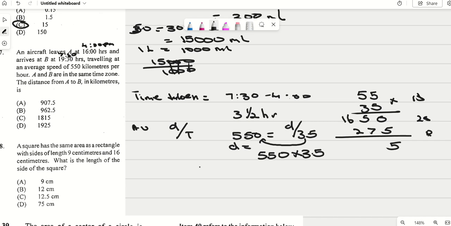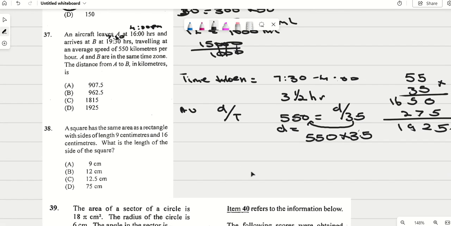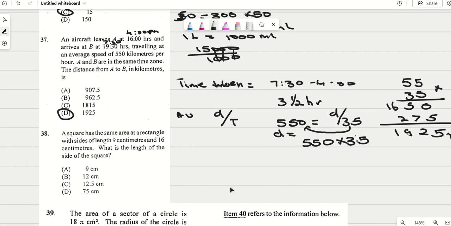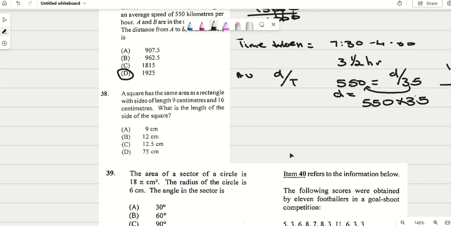That's 12. 6, 7, 8, 9, and 1. And then we have to shift. We have to add a 0, because it's 550, I just multiplied 55 by 35 and then shifted one place. Because we have one digit after a decimal point, we shift it one place. So your answer would be 1,925 kilometers.